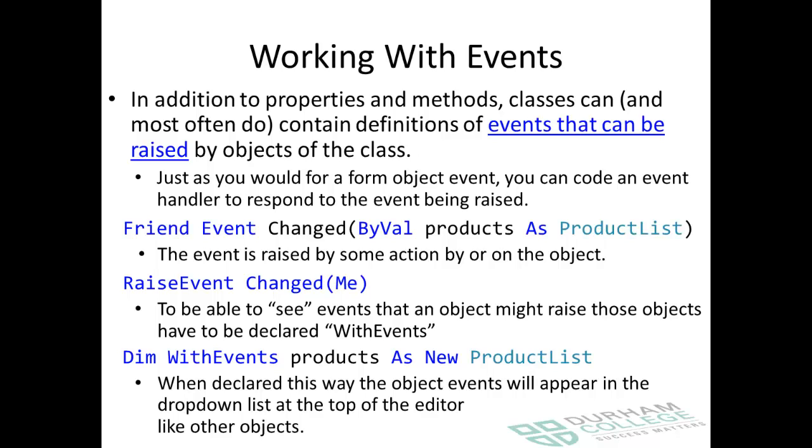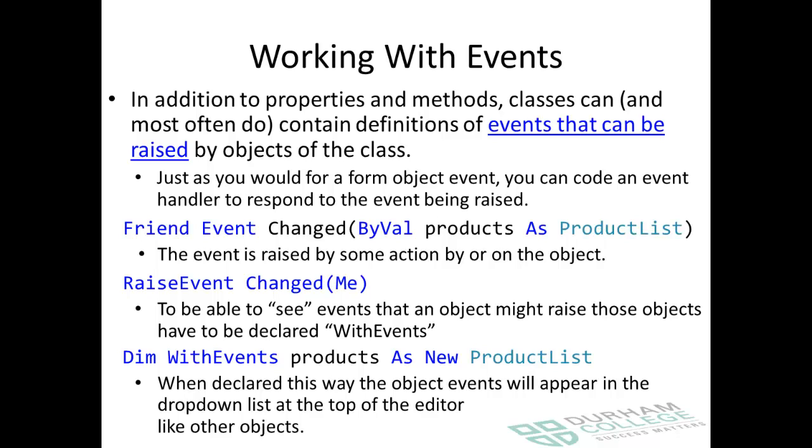Just as you would for any form object event, button click, the text change, the form load, you can code an event handler to respond to the event being raised. Now, of course, it's up to the individual programmer, just like it is with the form objects, to decide whether or not they're going to handle those events.